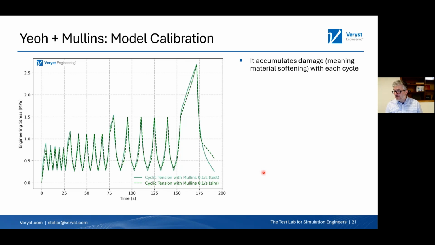There's a question: what about damage up to failure? Yeah, so none of these models include damage for failure. I think about damage in two ways. There's damage that modifies the material response, like Mullins damage does; it softens it. That factor where the stiffness changes softens the material, but it doesn't actually lead to material failure.